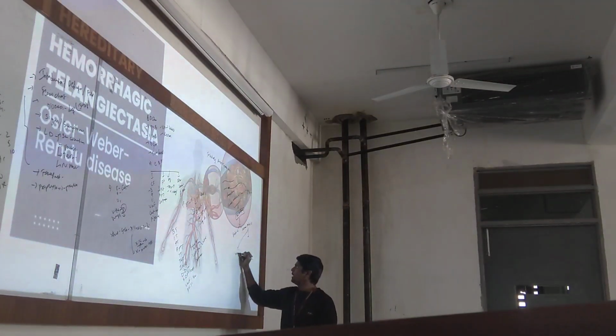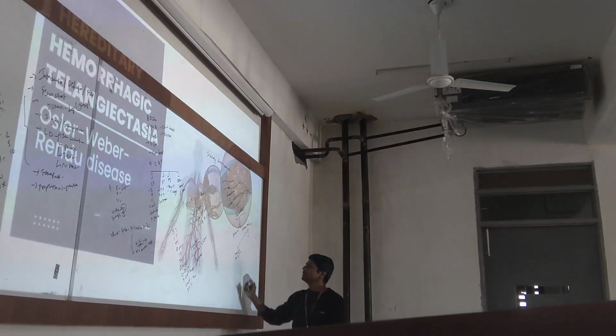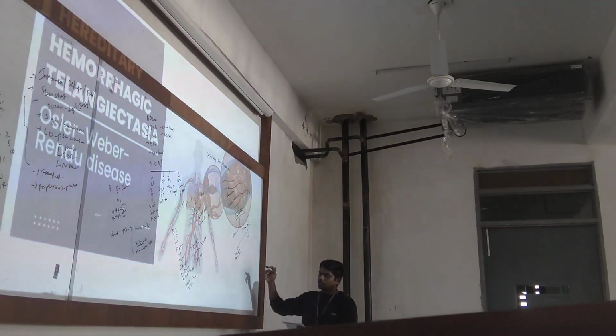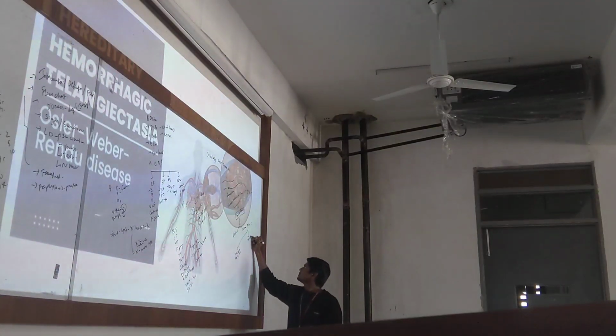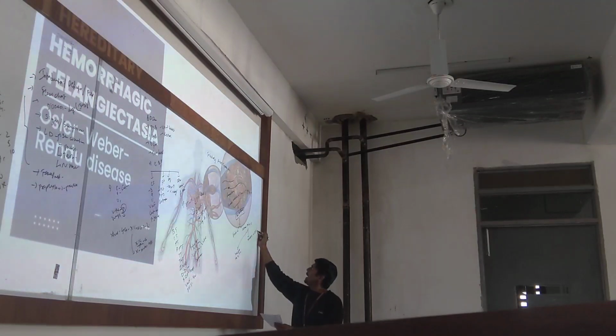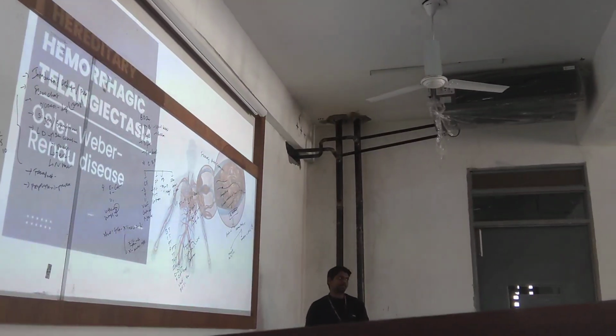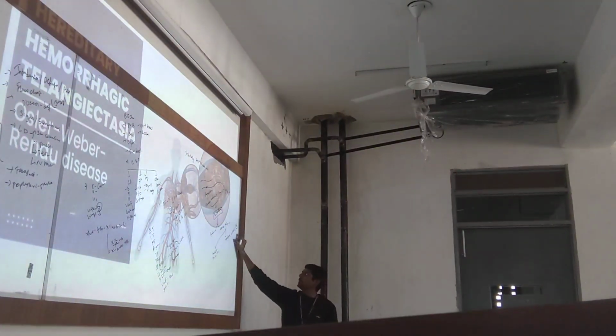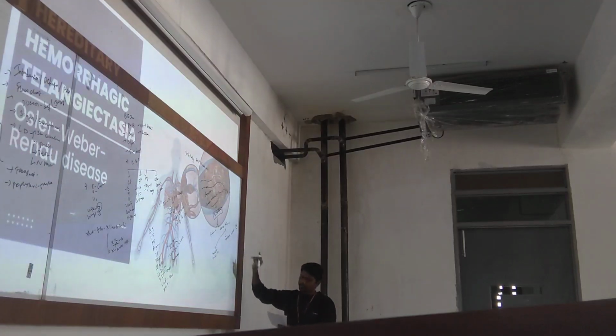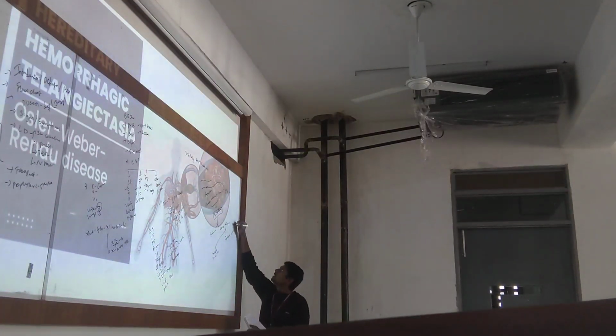This activated protein C will act in two ways. It will inactivate factors 5 and 8, and it will also inactivate the TPA inhibitor. Tissue plasminogen activator inhibitor.